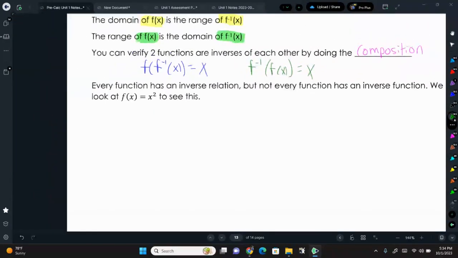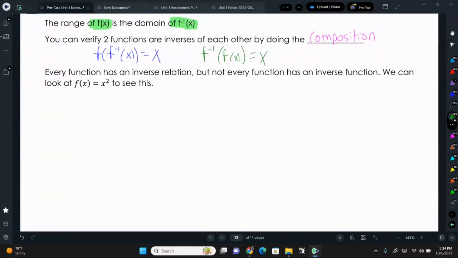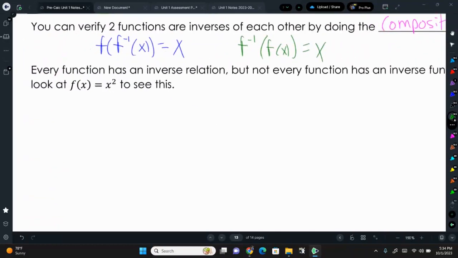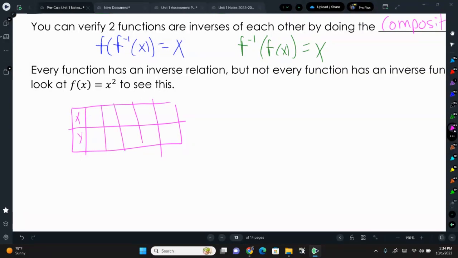To understand some relationships with inverses, we're going to look at f of x equals x squared. If we were to look at a table for f of x equals x squared, we have x and y values, and we just use our basic 5 points: -2, -1, 0, 1, 2.